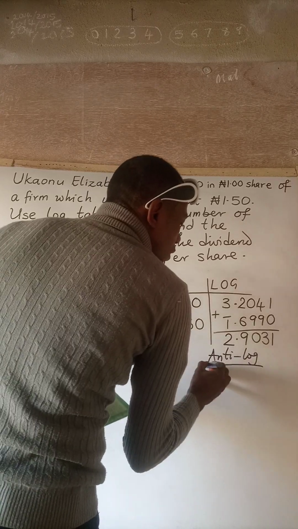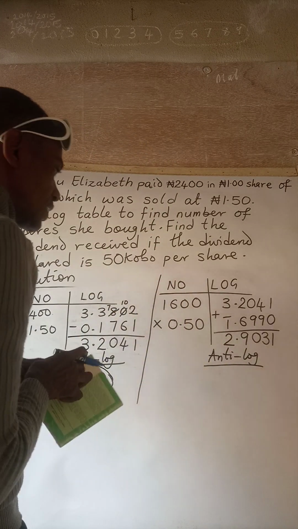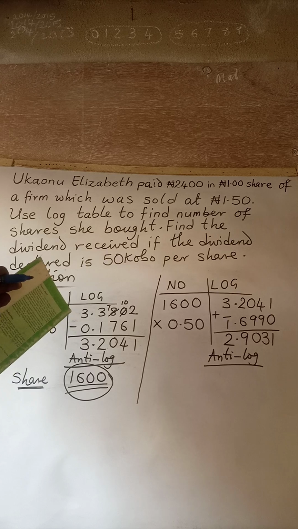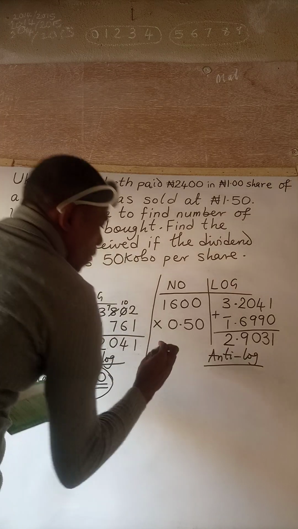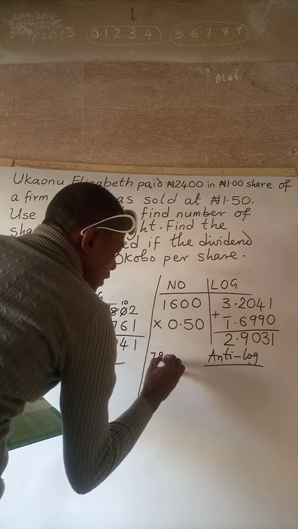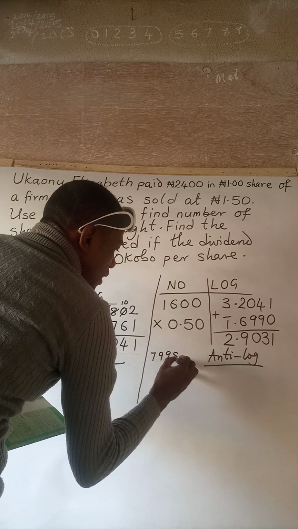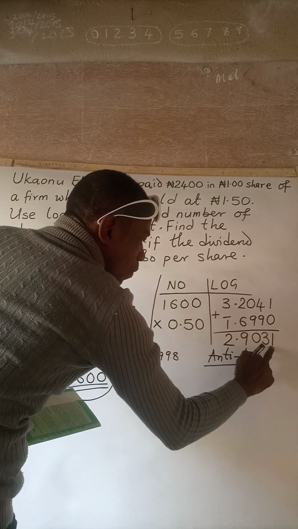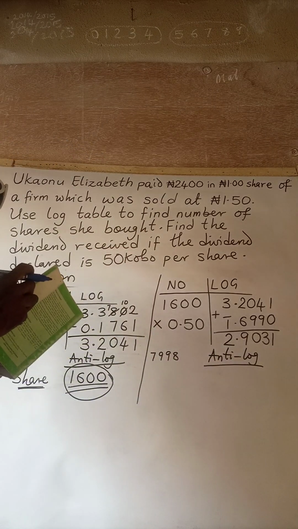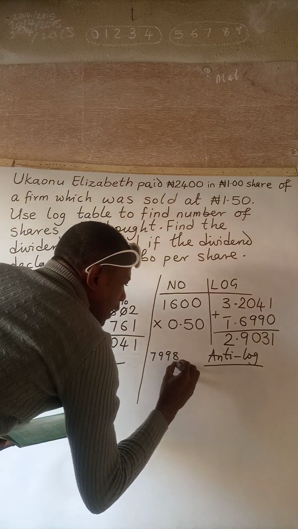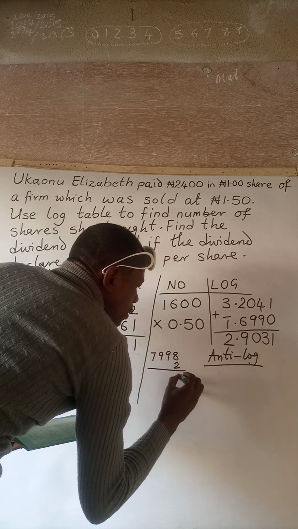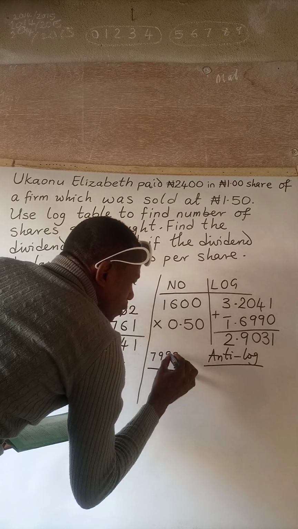Now, in the anti-log, I will look for 90 under 3. And 90 under 3 is 7998, difference 1. And the difference 1 is 2. When I add 2, it will become 0. Carry 1.